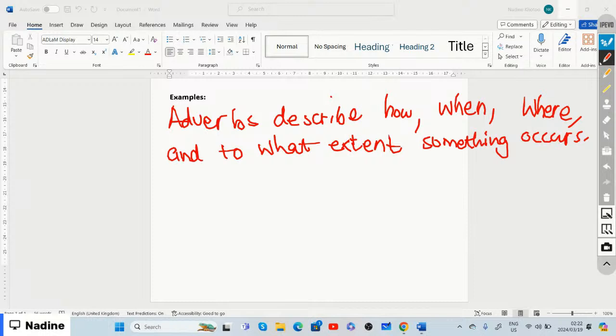Adverbs describe how, when, where, and to what extent something occurs. And like I say, it is basically the same as saying adverb of manner, time, frequency, and place, because place tells us where, manner tells us how.